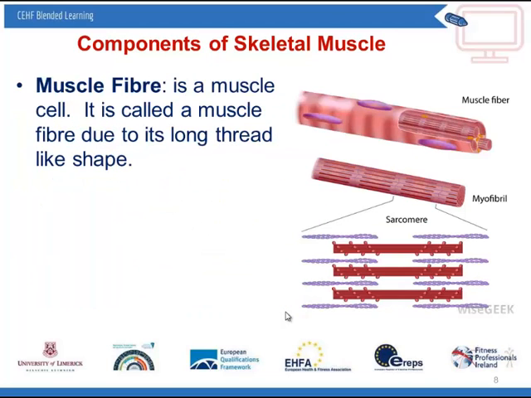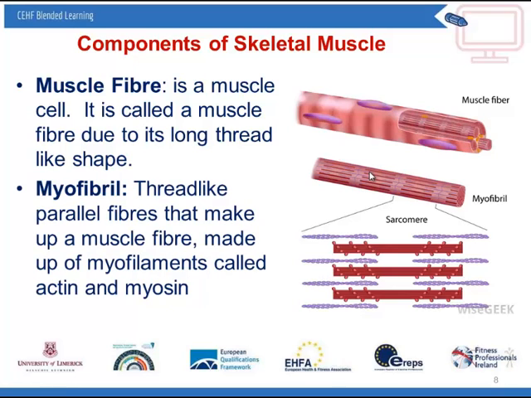Now, if we were to take one muscle fiber, we would find that it is a long thread-like structure, hence the name. And within each muscle fiber are other smaller thread-like structures, and these are called myofibrils. So the myofibrils then are these thread-like structures that make up a muscle fiber.